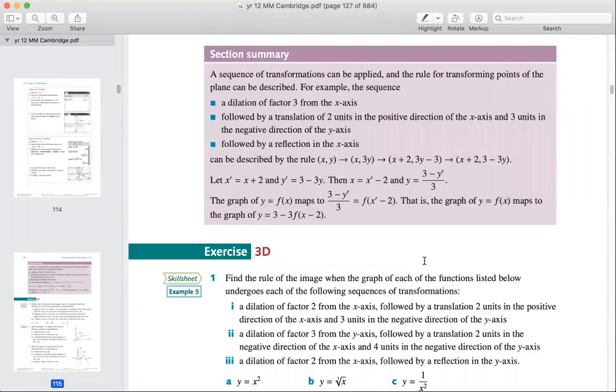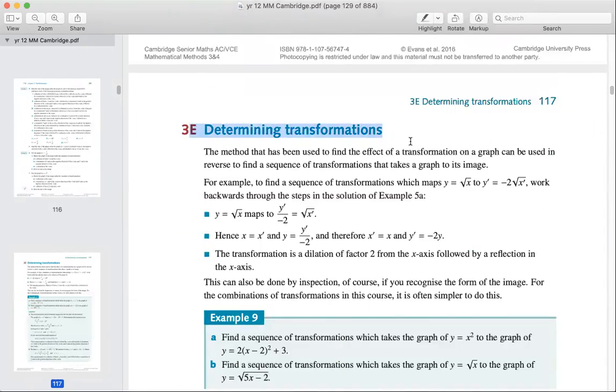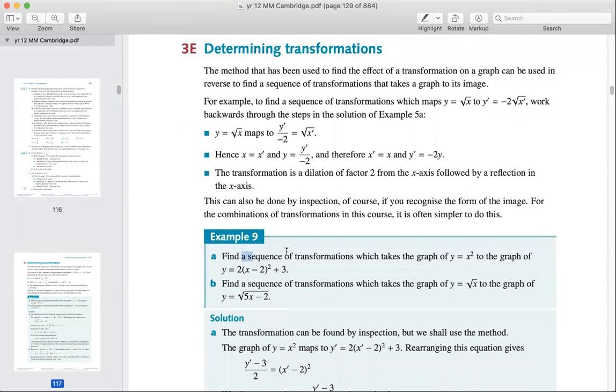So I just want to talk a little bit more about determining the transformation. Basically, we know before and after, and I need you to help me fix the middle. Okay, that's the idea of 3E. First, find the sequence of transformations which takes the graph y equals x squared to y equals 2 times (x minus 2) squared plus 3.